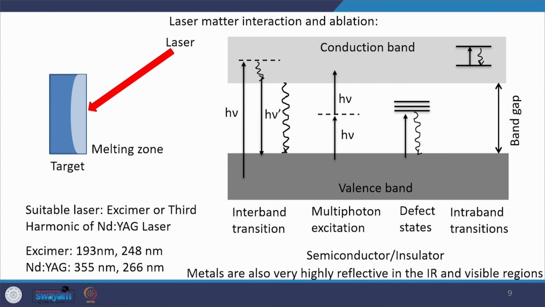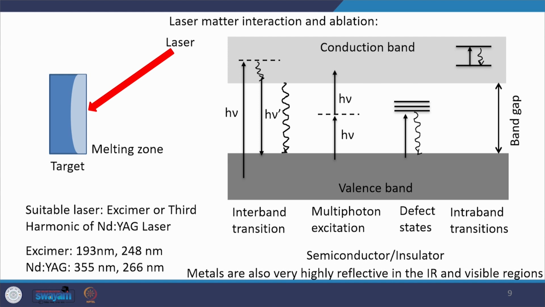There can be different kinds of transitions, either interband transitions, where electrons in the valence band absorb the laser. For this laser wavelength, say 248 nanometers, the energy is around 4 point something electron volts, which is much larger than the band gap of the semiconductor and insulator.